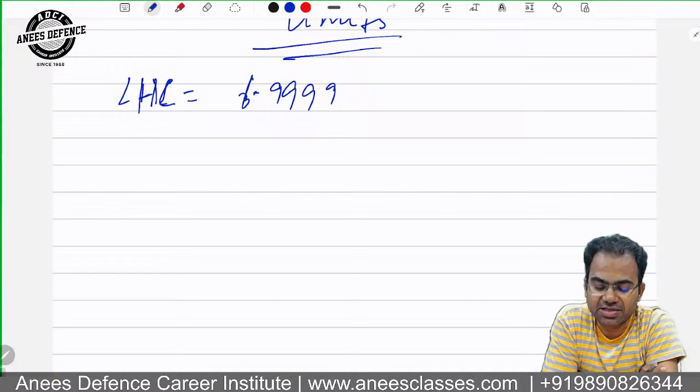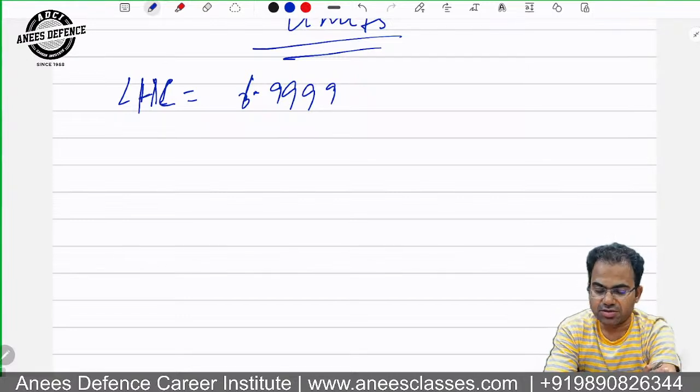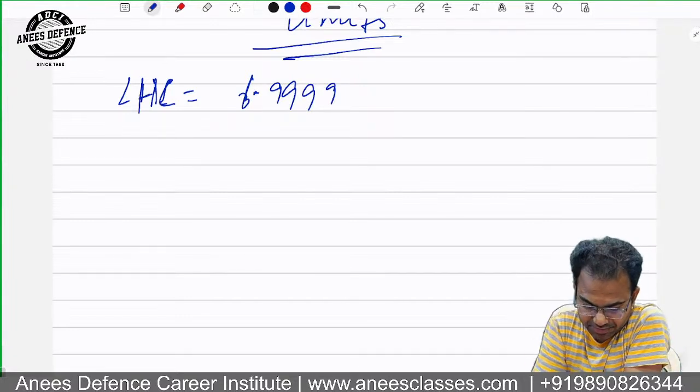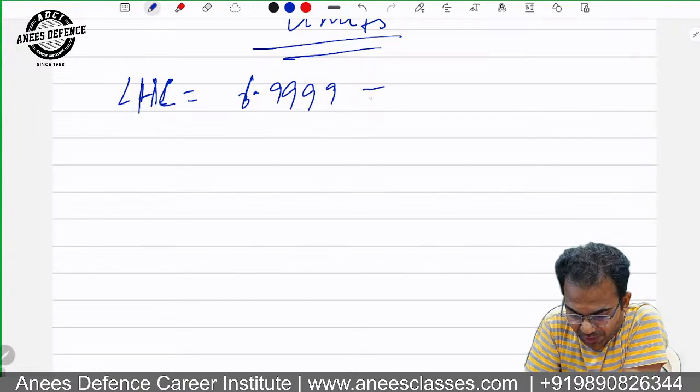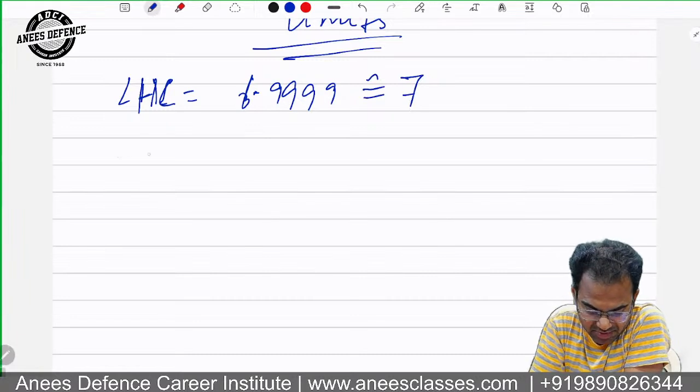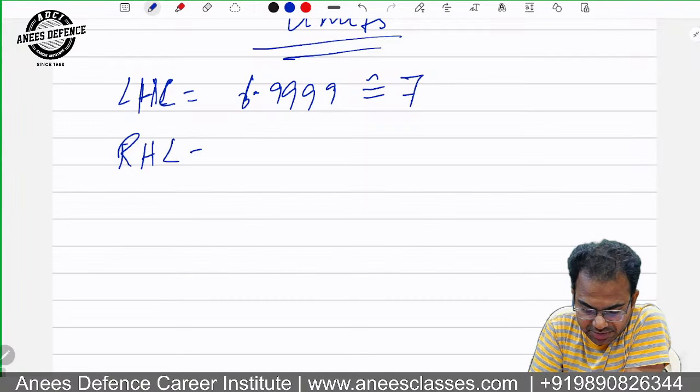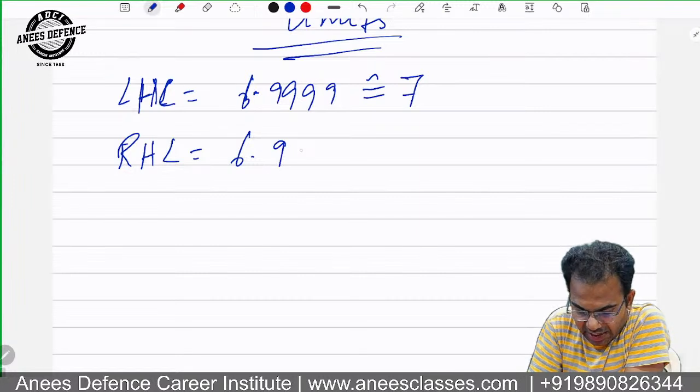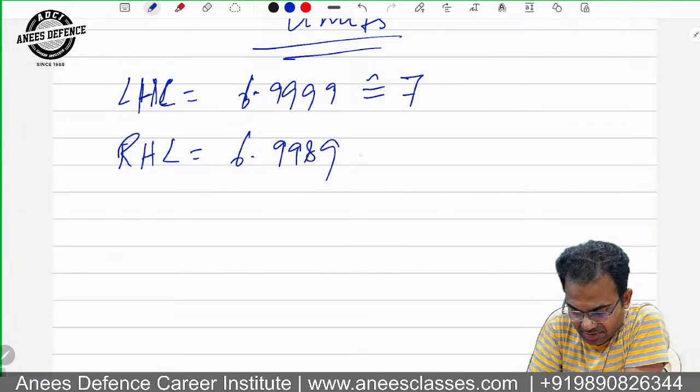Suppose that I have LHL, left hand limit, 6.99. That means it is approaching towards 7. Again, I have RHL, right hand limit, 6.9989. It is also reaching to 7.